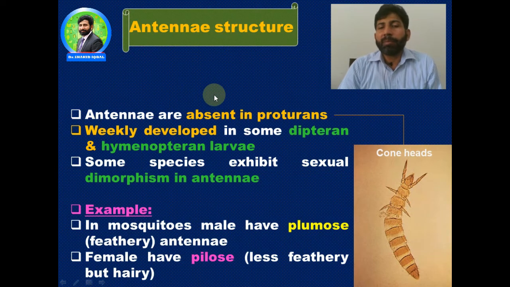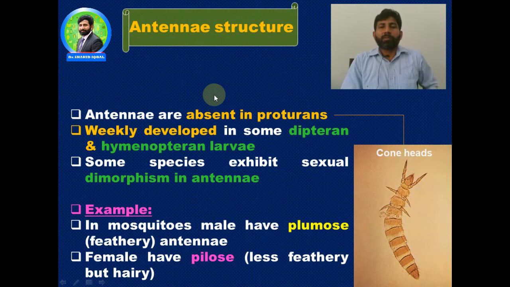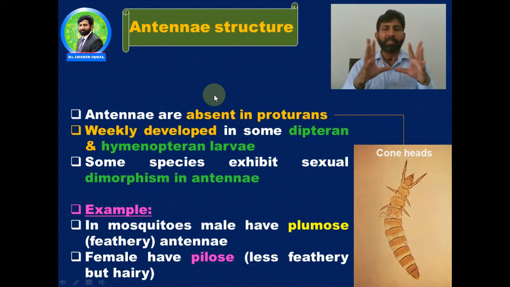Antennae may be absent, as in Protura. Protura have no antennae, no wings, and no eyes. They are weakly developed in some dipteran and hemipteran larvae. There are no specified antennae.